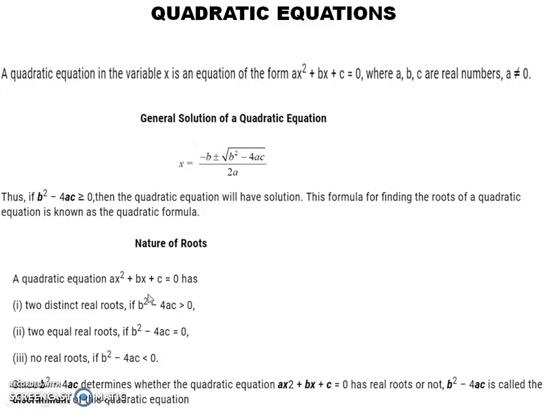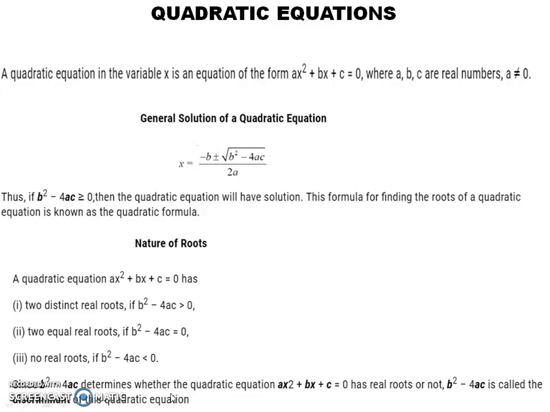Now, we saw that the nature of roots depends on b square minus 4ac. Since b square minus 4ac determines whether the quadratic equation ax square plus bx plus c equal to 0 has real roots or not, b square minus 4ac is called the discriminant of this quadratic equation. Students, this word is very important.